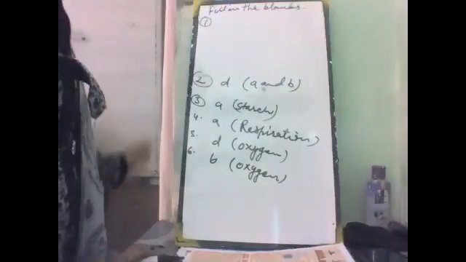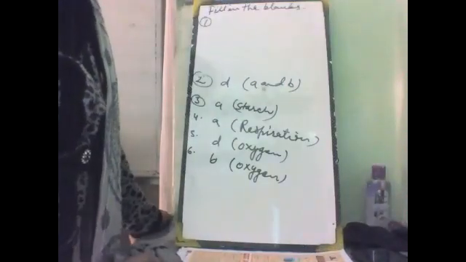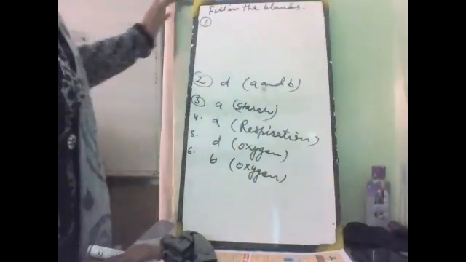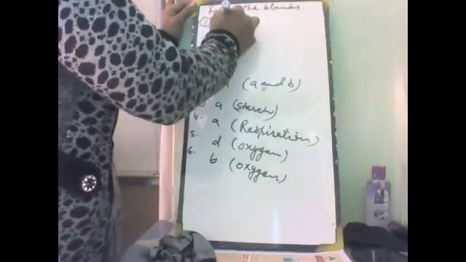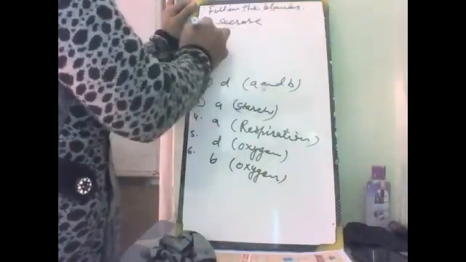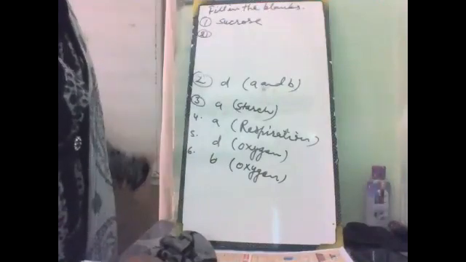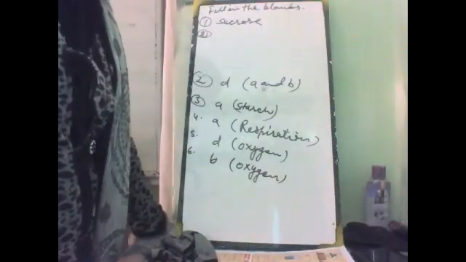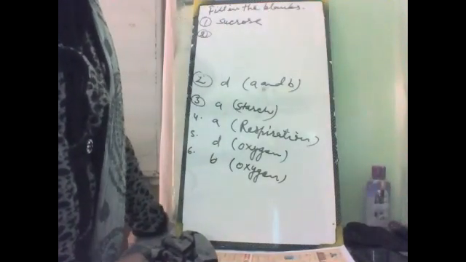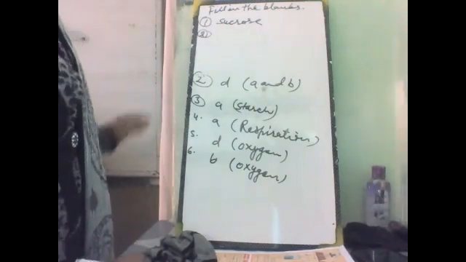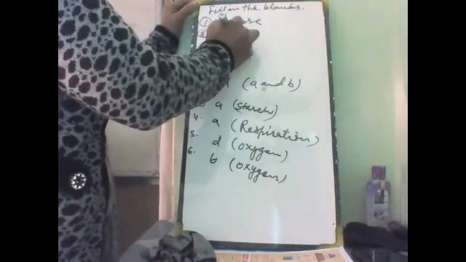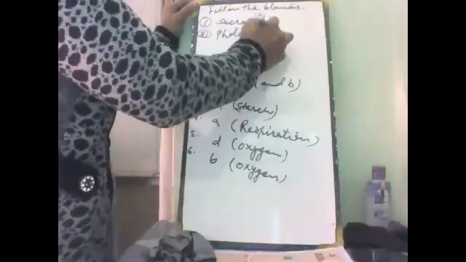Food is transported in the form of sucrose or starch? The answer is sucrose. What maintains the balance between oxygen and carbon dioxide in the atmosphere, transpiration or photosynthesis? The answer is photosynthesis.